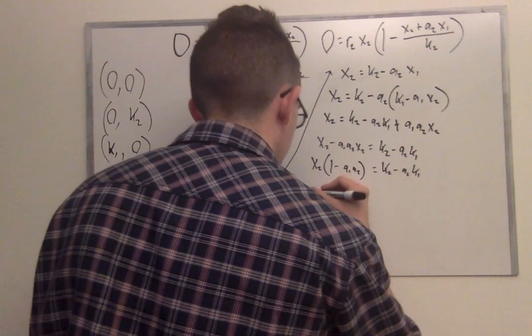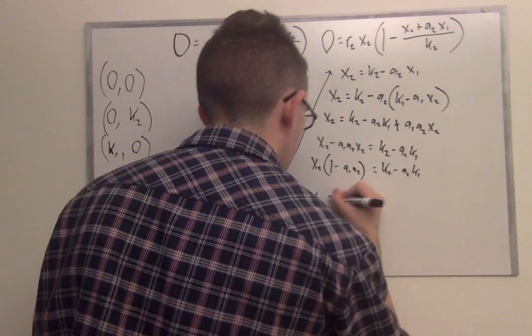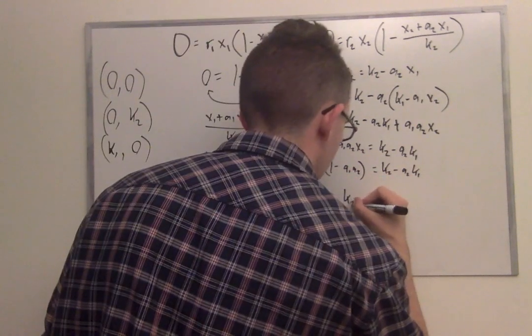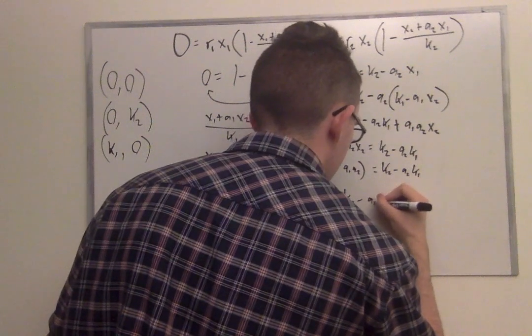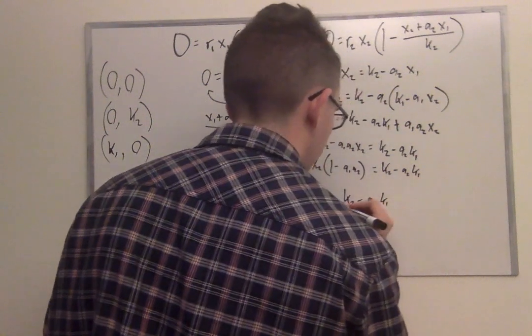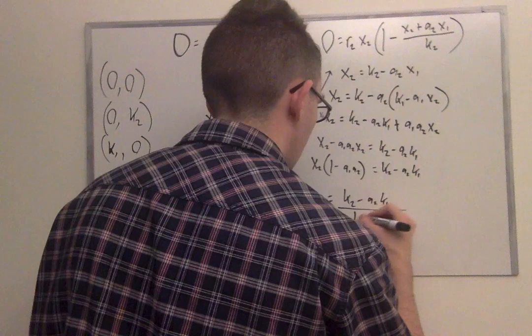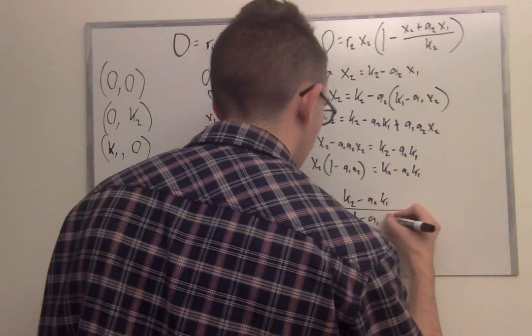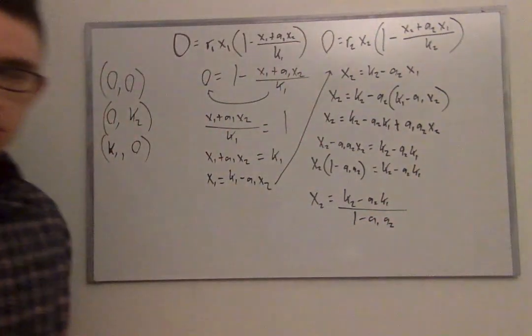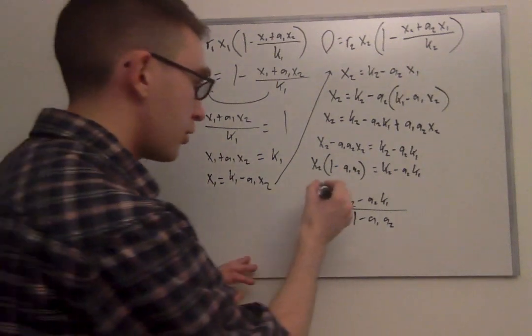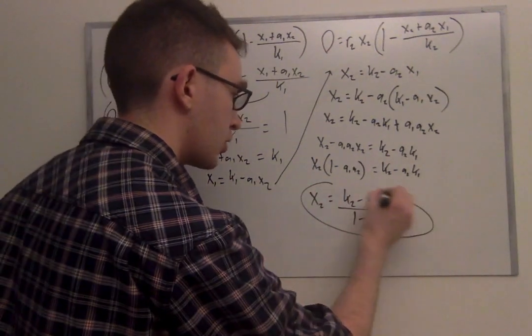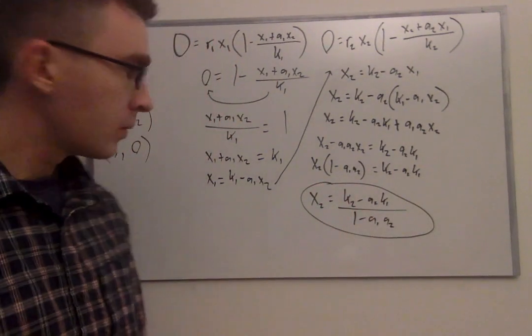So then we have x2 equals (k2 minus a2 k1) over (1 minus a1 a2). This is the solution for x2 in terms of the model parameters.